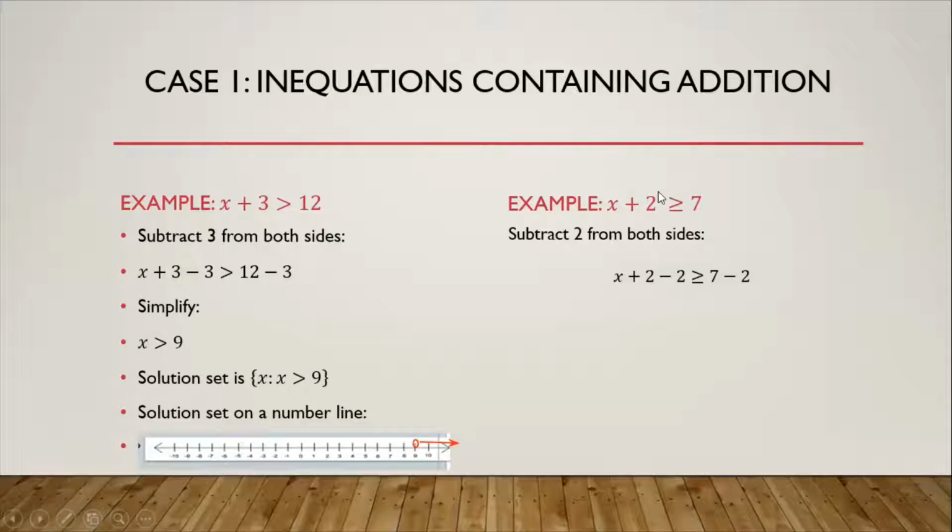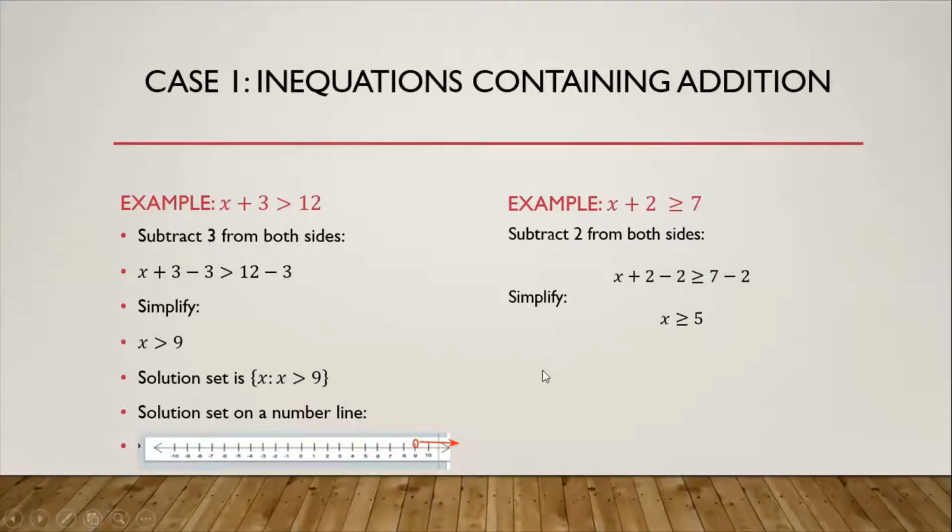So note, all you will do is to write back what you have and then just subtract 2. So we originally had x plus 2, right? Then we subtract 2, put back our symbol, put back our 7, and then write subtract 2. Remember, whatever you do to one side, you must always do it to both. Then we're going to simplify.